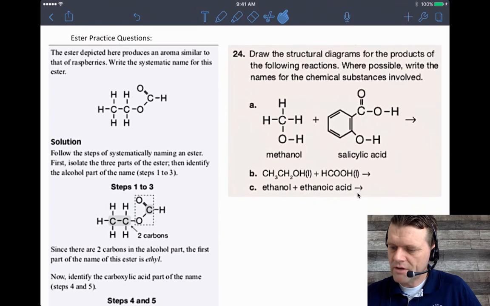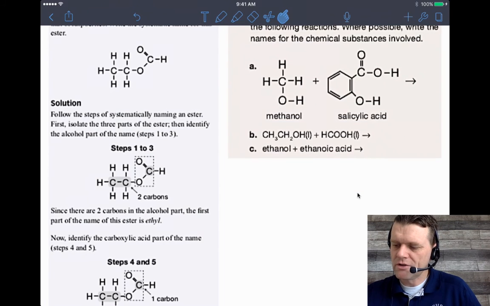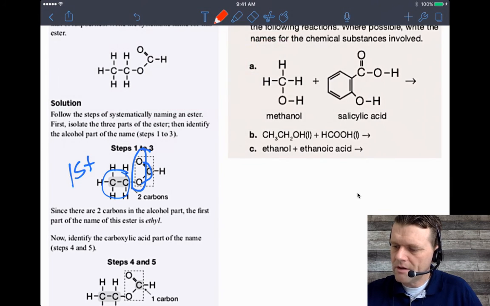The example of the ester on the left produces an aroma similar to raspberries. That's kind of cool. So again, the same thing. They're showing you that you find the ester right there. So we name this part first, and then this is the part that's named second.